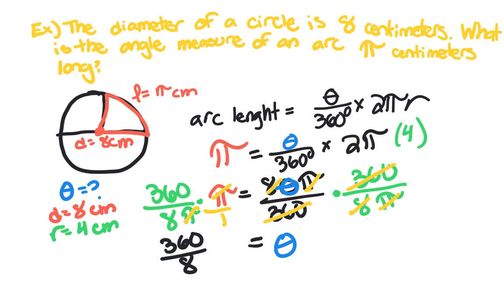Well, 360 divided by 8 is just 45. And that would still technically be in degrees. So 45 degrees is our final answer.